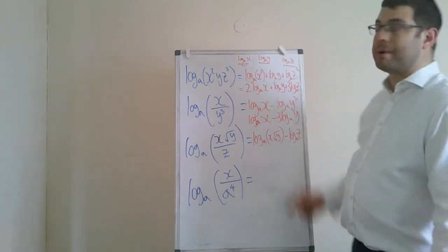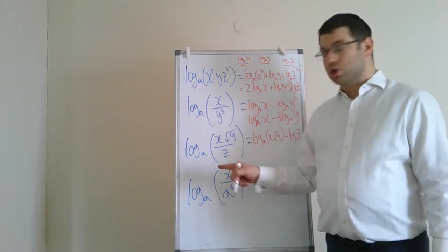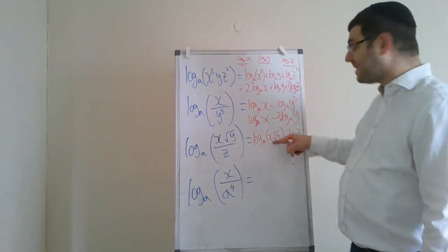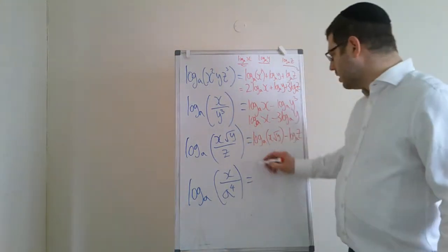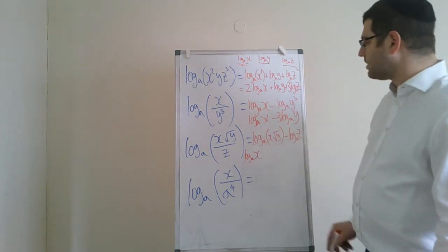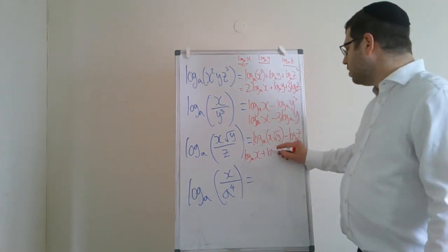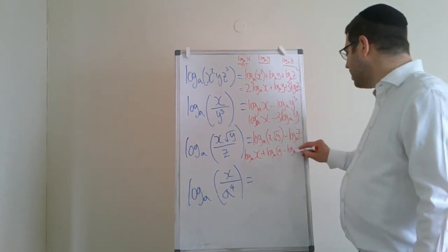Now log az is fine, I'm allowed to have log az. Now what am I going to have to do with this? It started off being a quotient, but this term here is a product. And what do we do with the product? We split it up using addition. So that's log ax, that's good, I'm allowed to have log ax, plus log a root y minus log az.